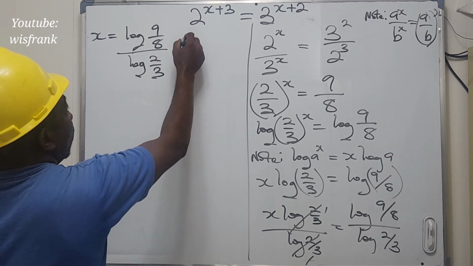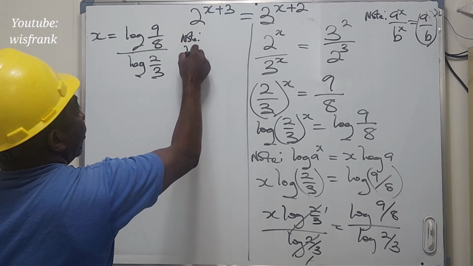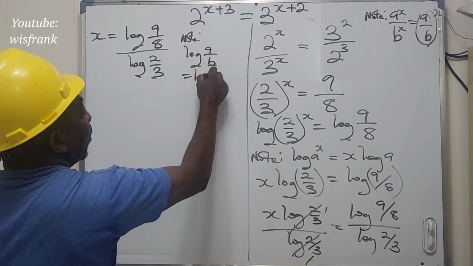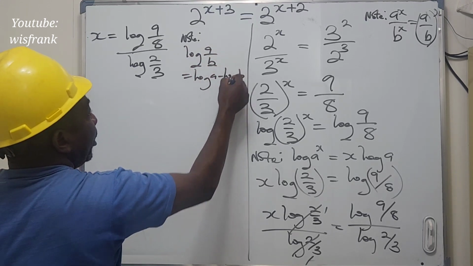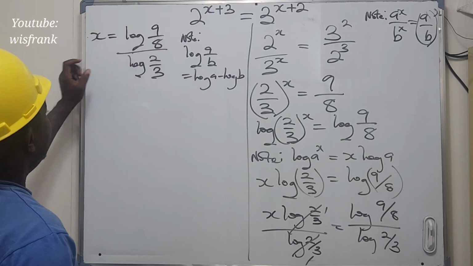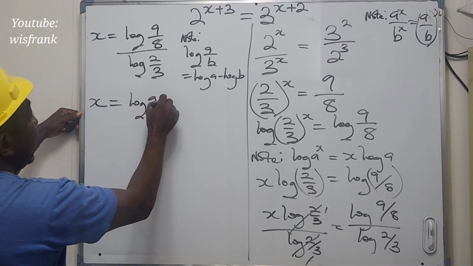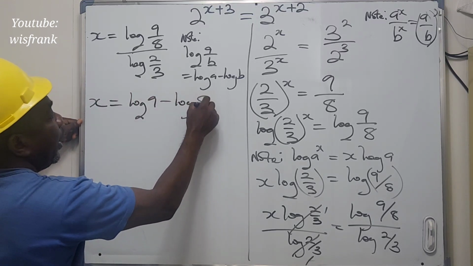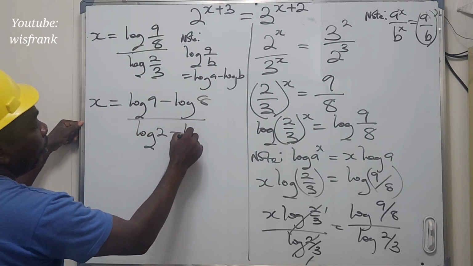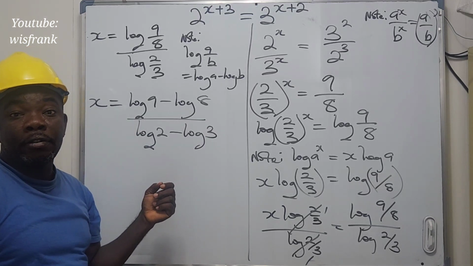Here we recall another law that says log a over b is the same thing as log a minus log b. So this gives us x equals log 9 minus log 8 all over log 2 minus log 3. So this is what we have as the value of x.